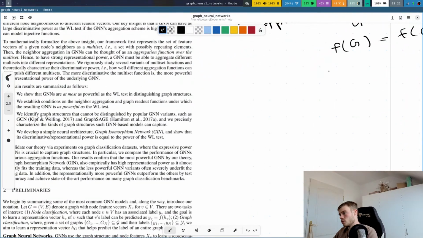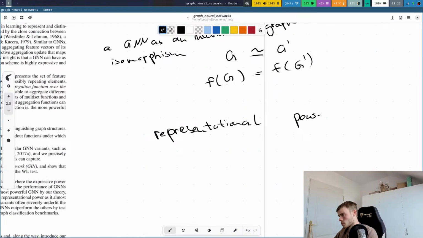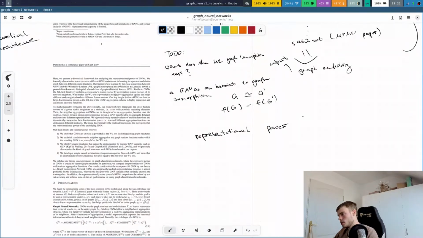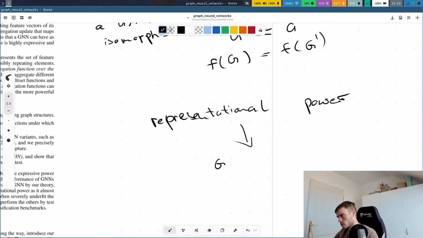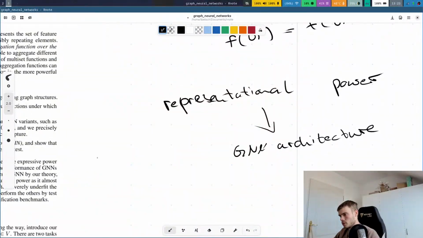They try to look at the representational power of a GNN. And they will do this by looking at the architecture and how the GNN architecture processes multisets.